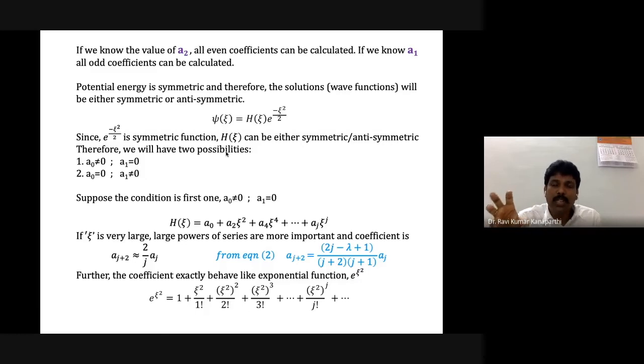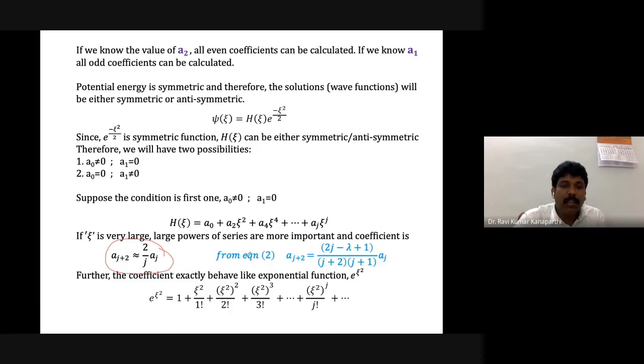If you are considering such a situation, then what will happen to the recursion relation? The recursion relation is going to modify under that particular condition as a j plus 2 is equal to 2 by j a j. Do you follow this?